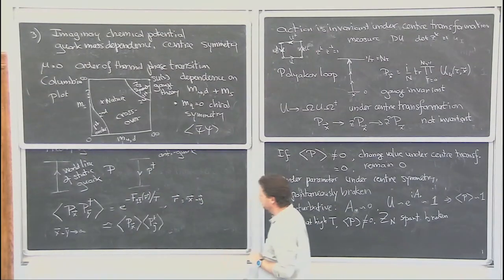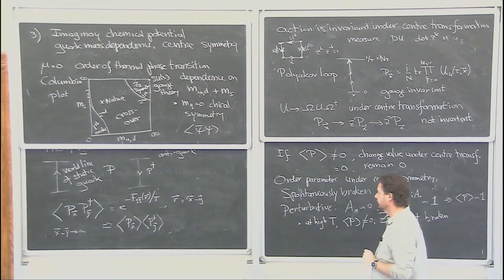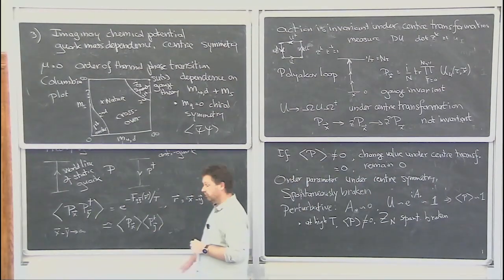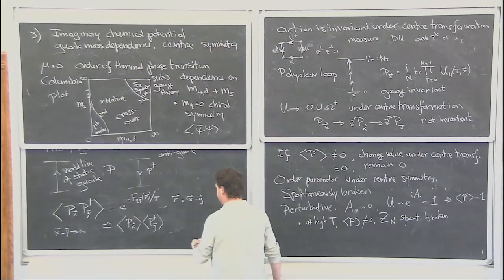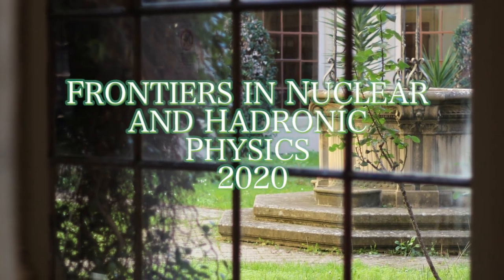I'm not taking only the connected piece, in other words, I'm taking the full expectation value, so only the disconnected piece survives. And since this is the complex conjugate of the other one, this will just be the expectation value of the Polyakov loop squared.